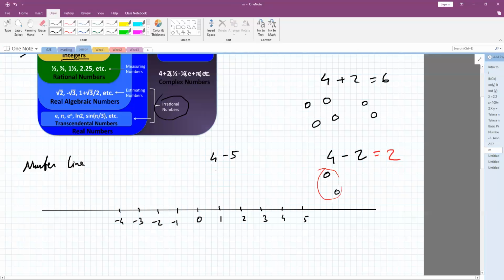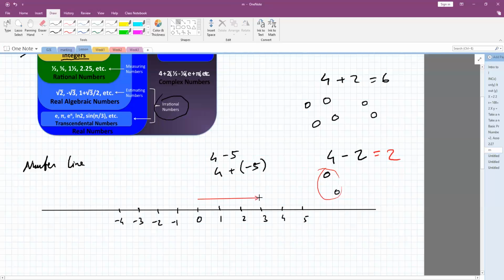So the best way is, if you have now a number line, this is actually very simple, because 4 minus 5 is like you add 4 with -5. So first, in the number line, you need to know the first number, 4, is just this one.